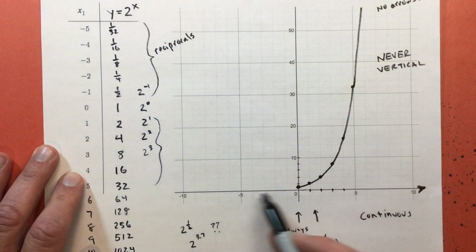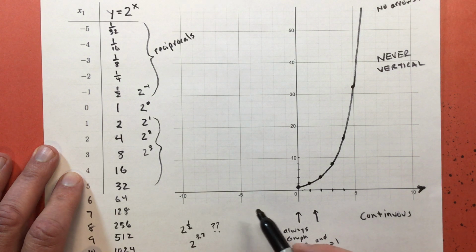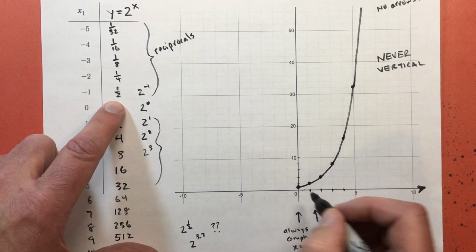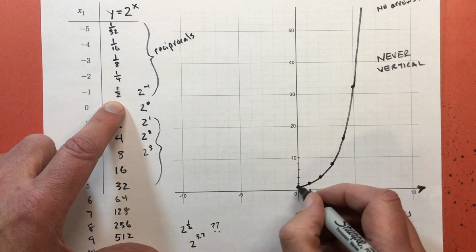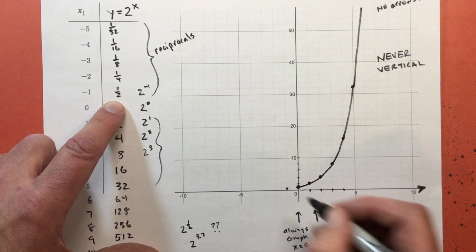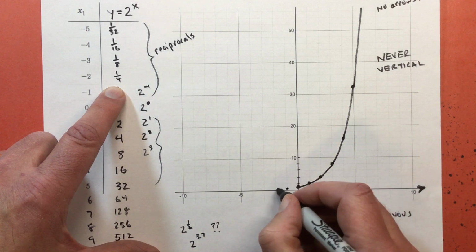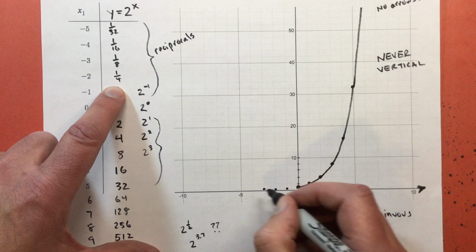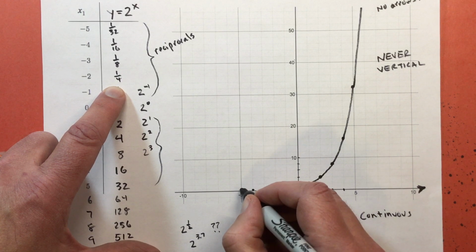So what happens on the left side of the y-axis? Negative 1 gives me 1/2, and of course, because of my scale here, that looks like it's going to be right there. And then 1/4 is half the distance, and then 1/8 is even closer, and it's still getting closer.